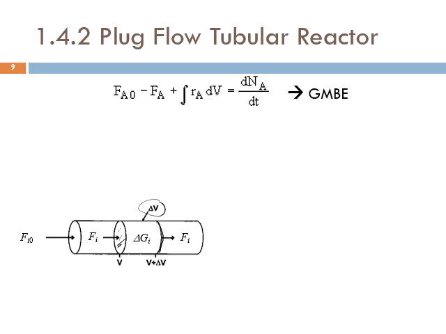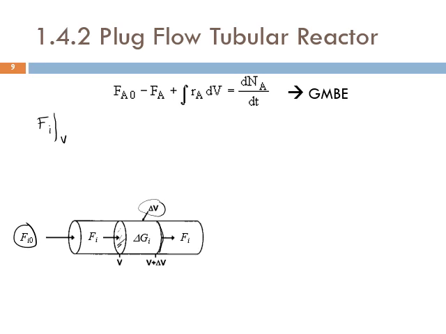The input to this differential volume obviously is Fi. It's not Fi naught, it's Fi, because Fi naught is at the entrance. This delta V is not at the entrance, so Fi. However, its value is found at V, at a general distance or volume V.